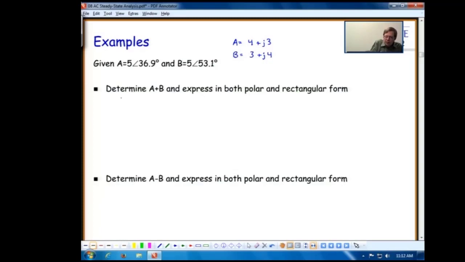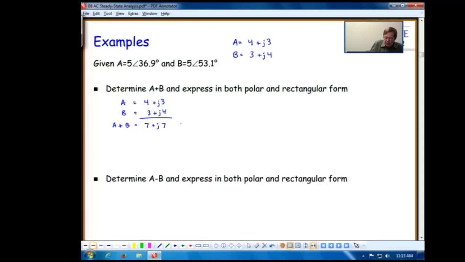All right, if we do A plus B, A is 4 plus J3, and B is 3 plus J4. Therefore, A plus B is the sum of the two, 7 plus J7.